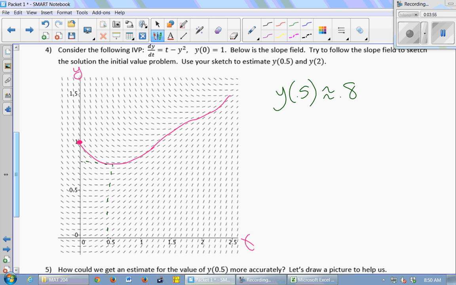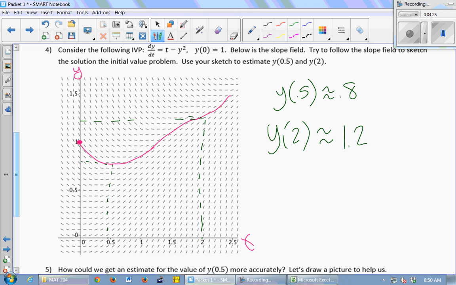And y of 2, go over to my graph, looks like it's, I don't know, I didn't draw that very straight, 1.2. Those are really rough estimates because one, the curve was an estimate, and two, I'm going up to the curve and estimating along the y-axis. So those are really, really rough estimates.